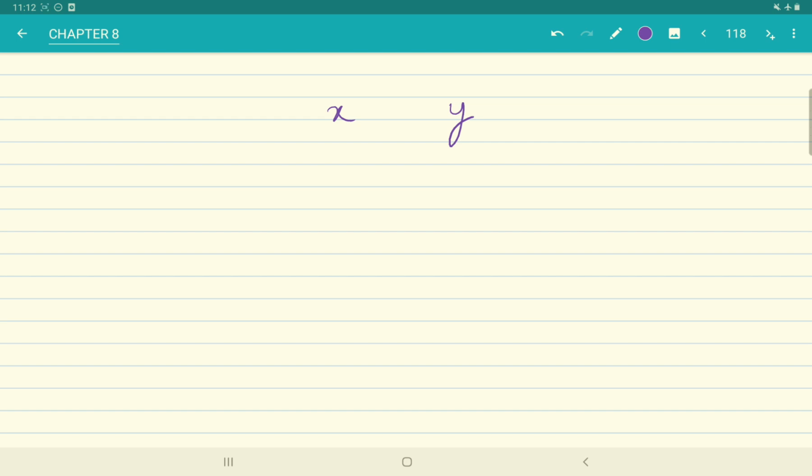If I make a new table and I take ln x and ln y, and I plot those results in a coordinate system, I have ln x and ln y. So ln x is measured on the horizontal axis, ln y is measured on the vertical axis.